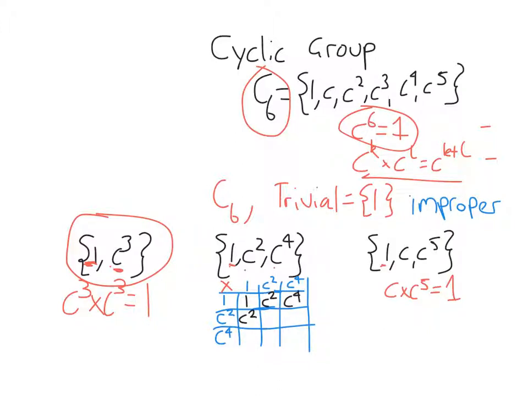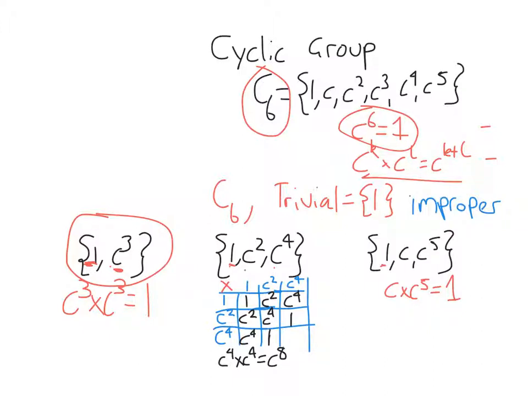So c squared times c squared gives you c to the power of 4. c squared times c to the power of 4 gives you 1, as I explained earlier. So that one will be 1 as well. So c to the power of 4 times c to the power of 4, keep the same base and add the powers.